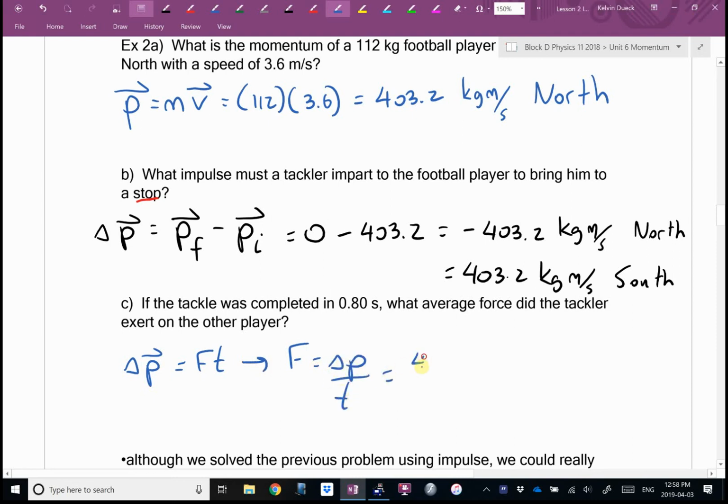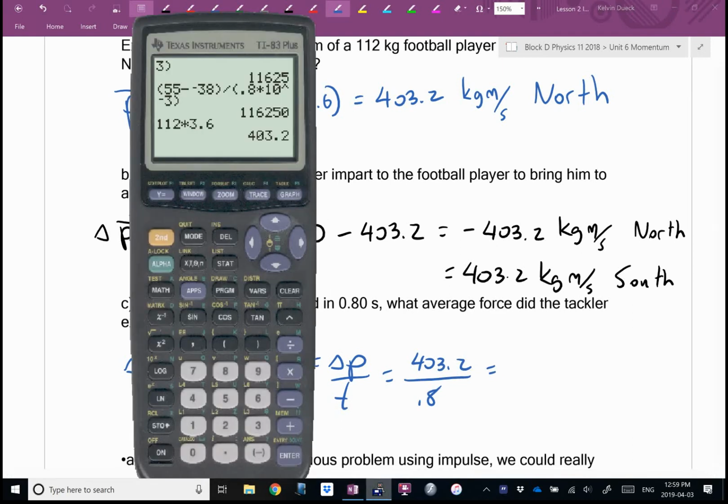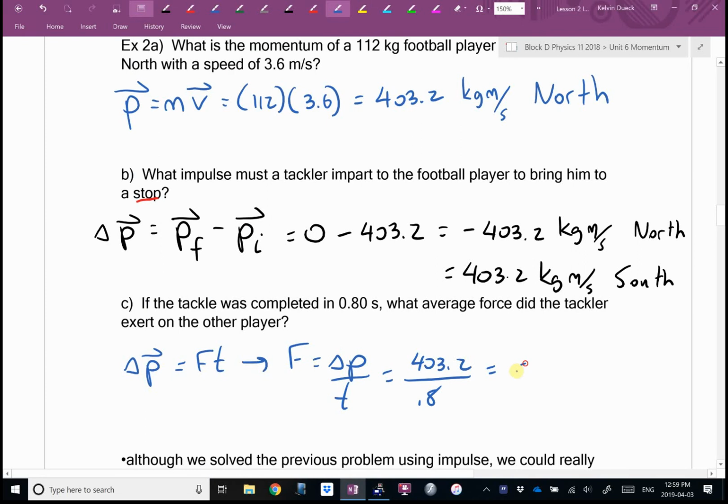So it's going to be 403.2 divided by 0.8. And I get 504 newtons. Direction, if they had asked for it, the same direction as the impulse.